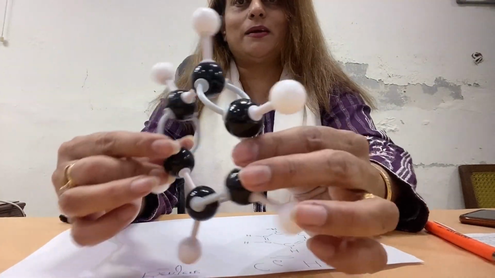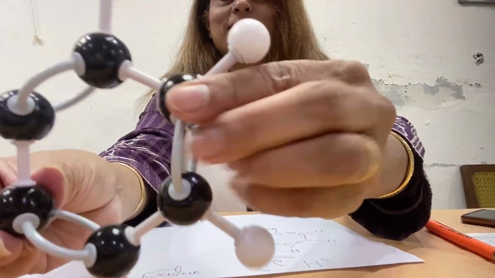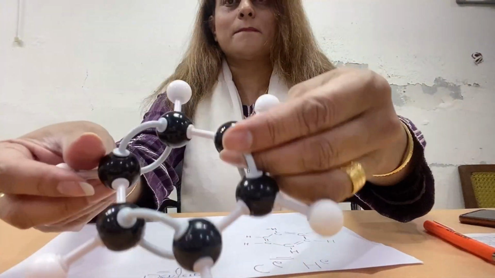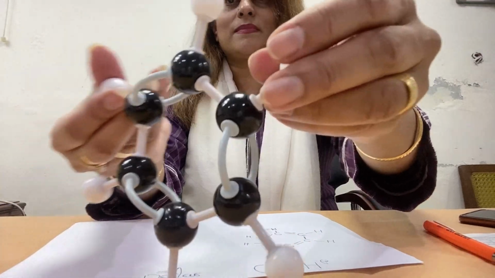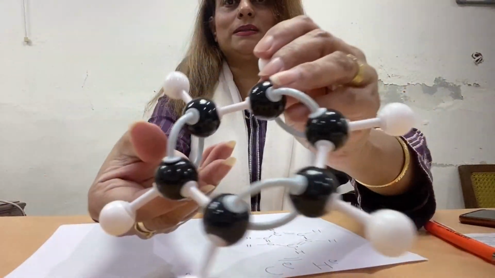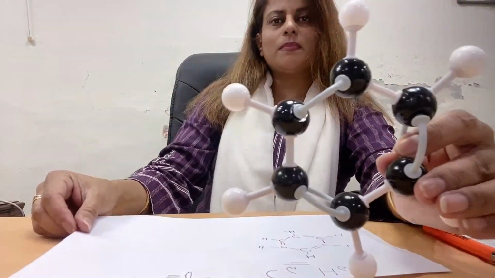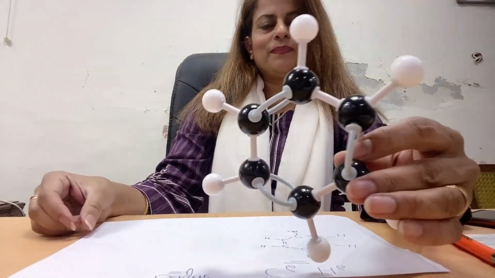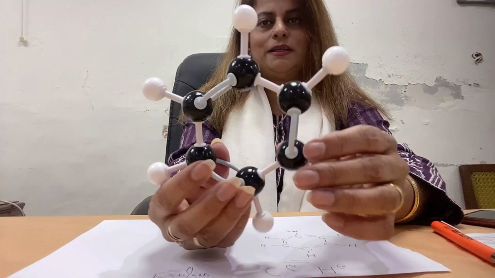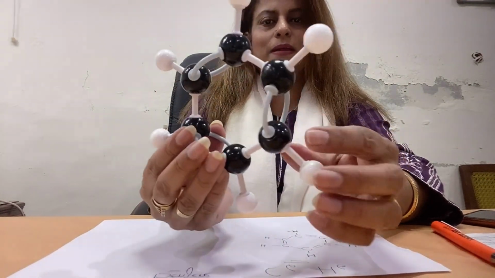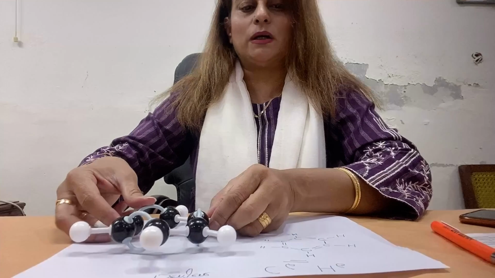You can see the molecule, how it looks. Simply beautiful and perfect. You can see all the alternate double bondings. You can match the structure now with the original molecule.